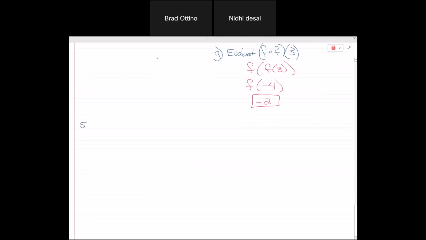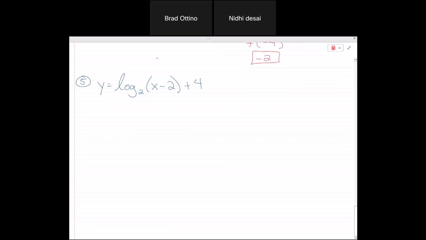Problem number 5, it gives us an equation y is equal to the log base 2 of x minus 2 plus 4. And it's going to ask us to do a few things.